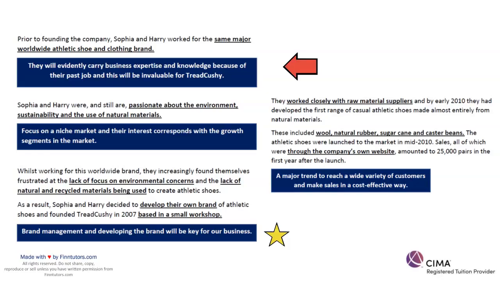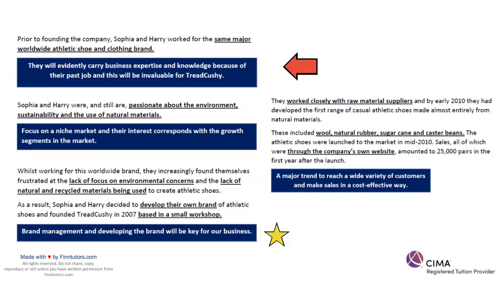So over here, we are focusing on a niche market, and their interest corresponds with the growth segments in this market. For example, if you've done my industry analysis, you'll know that sustainable athletic footwear is a niche in the entire athletic footwear market. And this market is really growing, really pushing upwards.